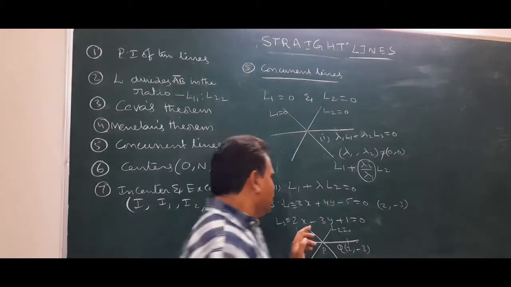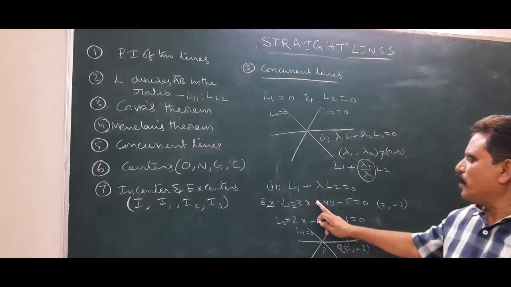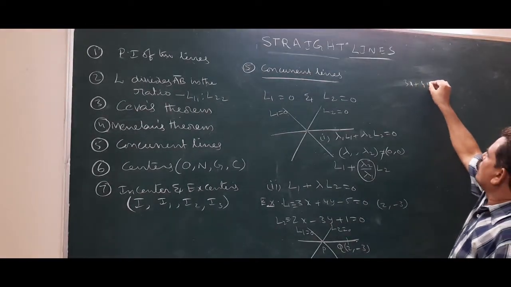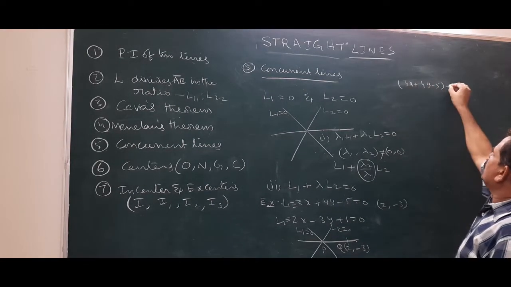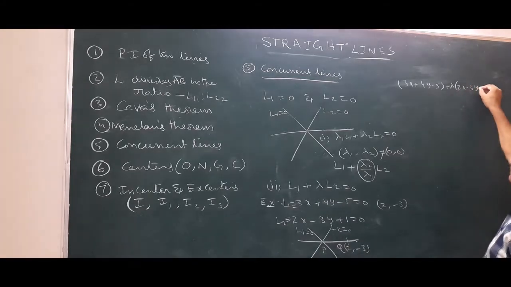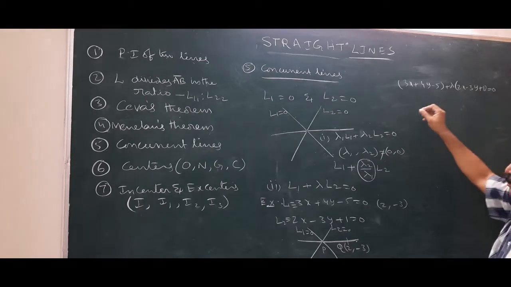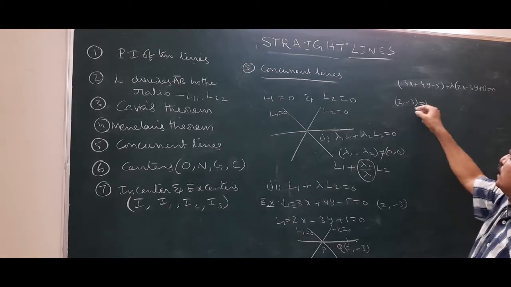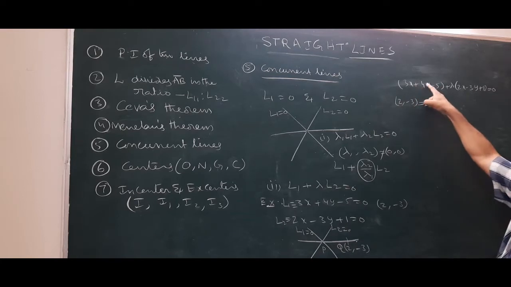The equation of the line passing through the point of intersection of these two can be taken as 3x plus 4y minus 5 plus lambda into 2x minus 3y plus 1 equal to 0. But the line passes through (2, -3), so we substitute x is 2 and y is minus 3.